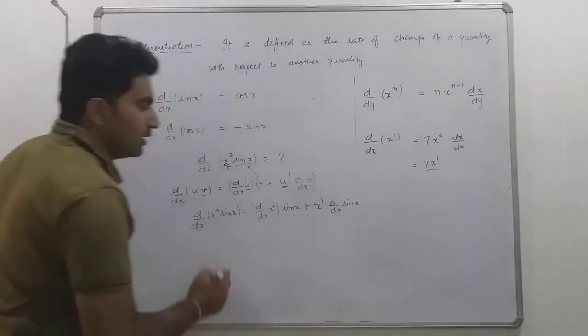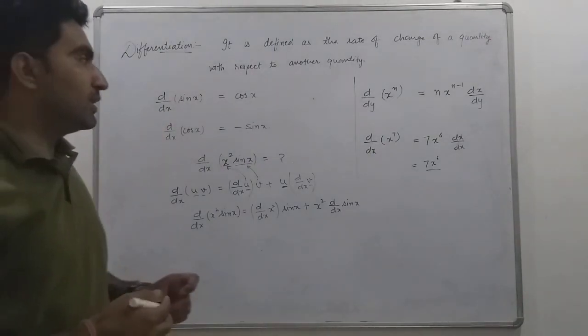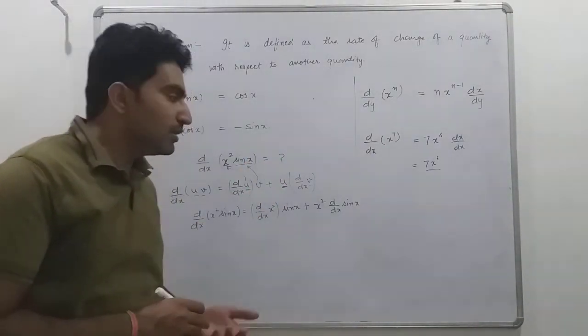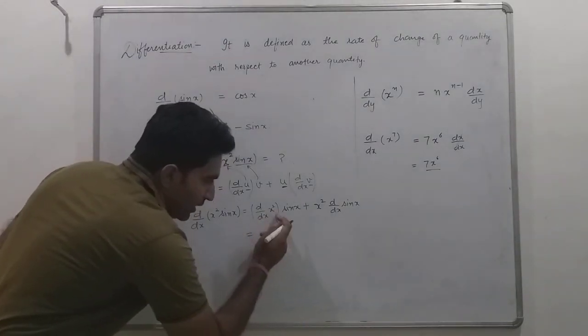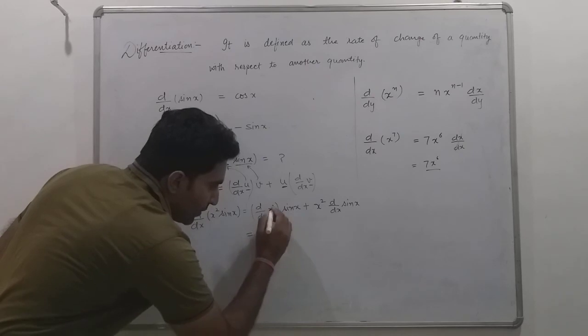Now we will apply the formulas that we have studied above. The differentiation of x square: again power comes forward, 2, and power is reduced by 1, x remains the same.